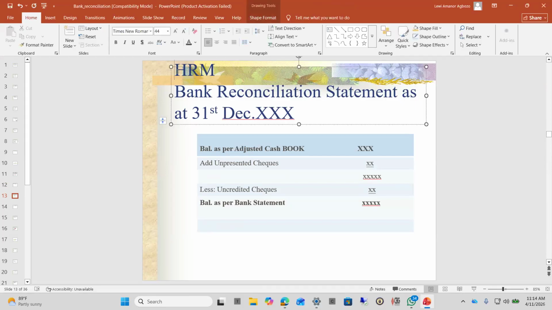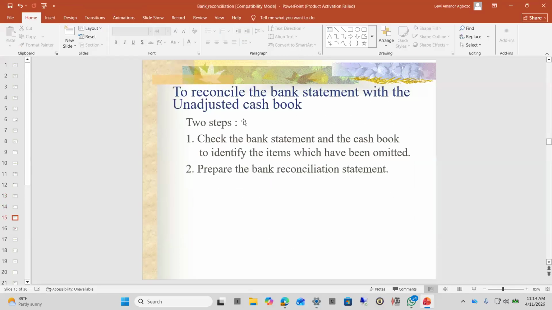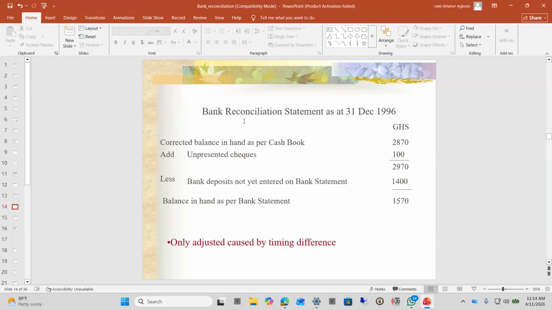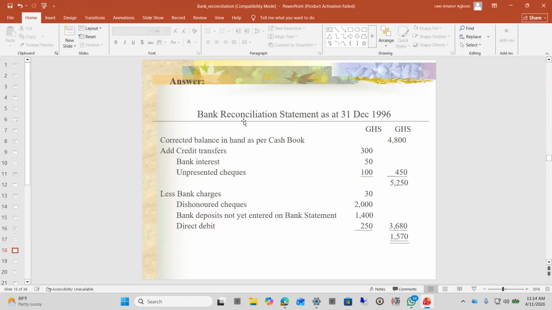In our next opportune time, we'll complete the bank reconciliation. But this is the basic bank reconciliation, so you need to go over it and get it very well. Ask questions if you are not getting it. Go over it again and again, and then when we come, we look at it.